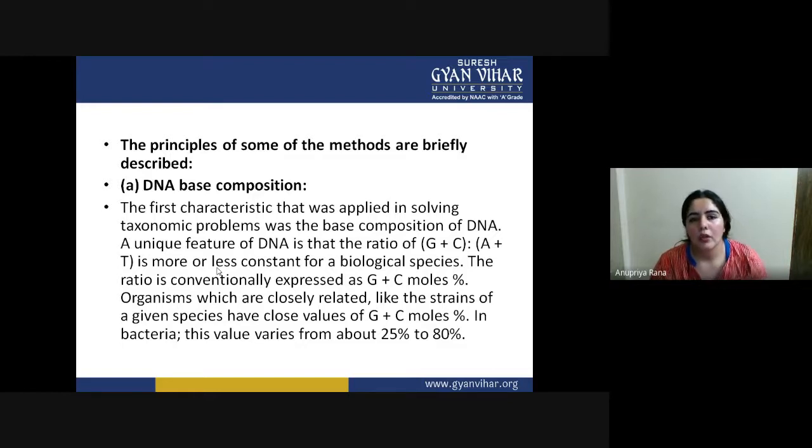So the GC content in a particular species can vary, like 30%, 35, 40, 45, 50, up to 80. On the basis of this composition, we can classify the bacteria. This is also an important parameter for classifying.